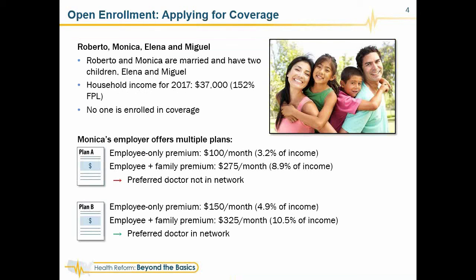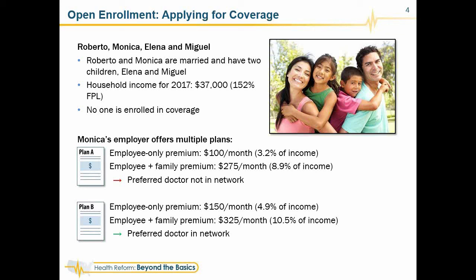This is Roberto, Monica, Elena, and Miguel. Roberto and Monica are married. They have 2 kids. Their income is $37,000, which is 152% of FPL. So when they come to you during open enrollment and they sit down with you, no one has enrolled in coverage yet for 2017.